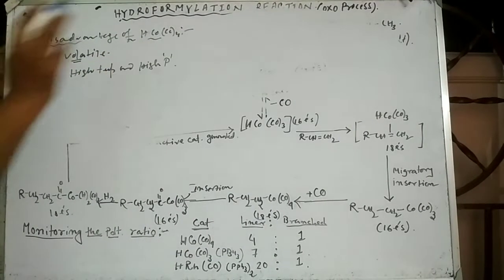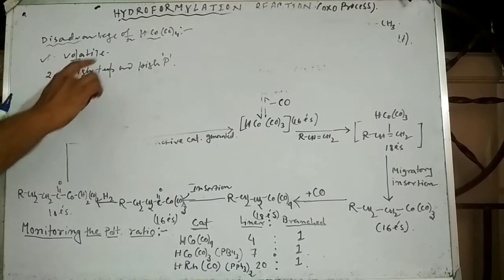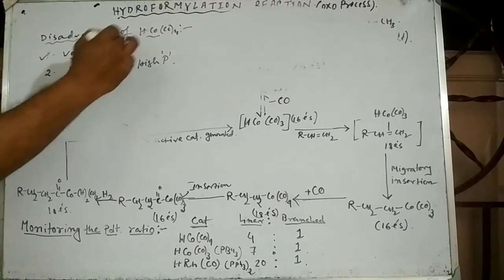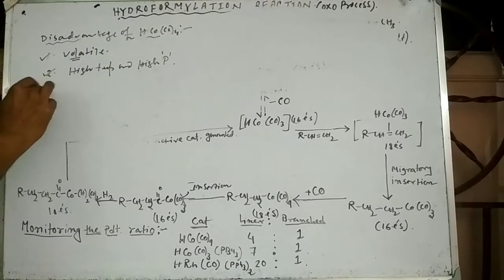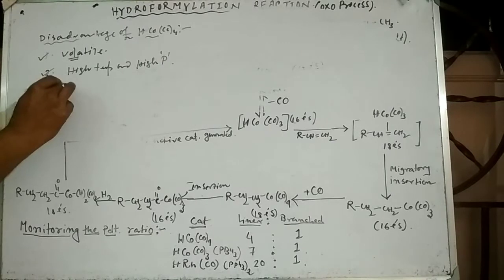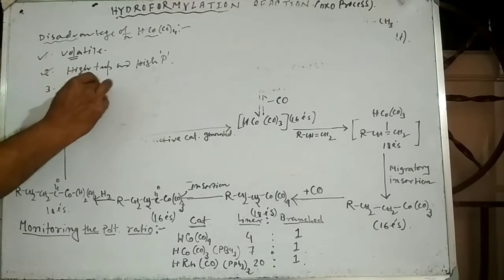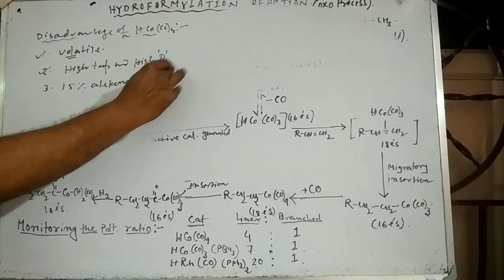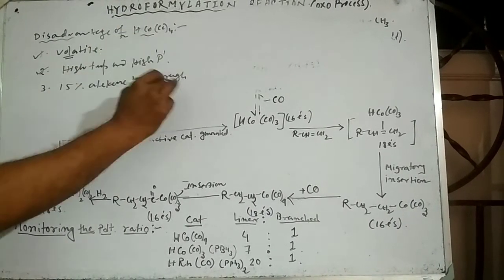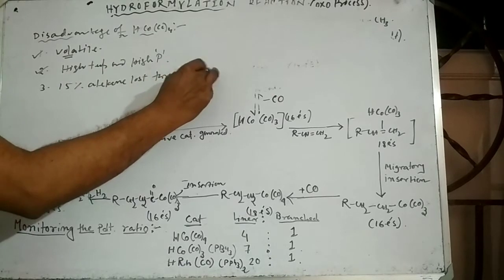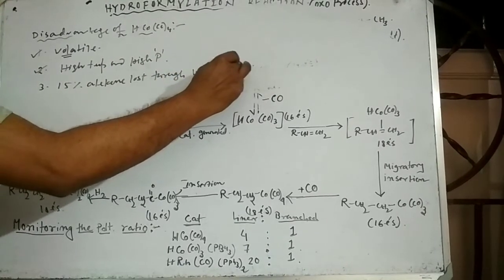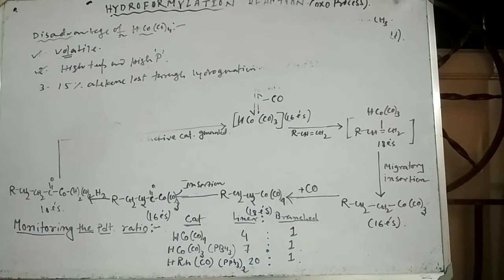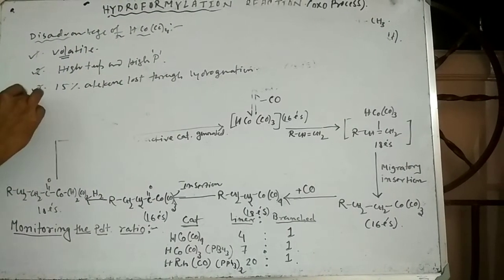And the third point: 50% of the alkene is lost through the hydrogenation process by the use of this type of catalyst.